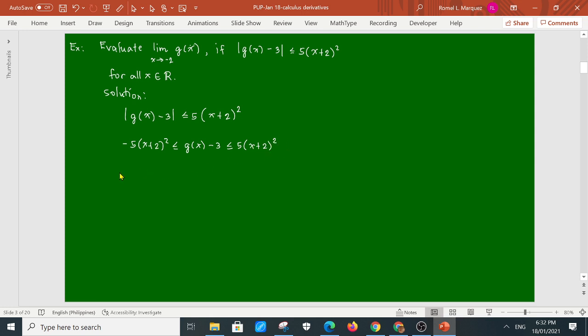So again, let's take the limit of the left side as x approaches negative 2 of negative 5 times x plus 2 quantity squared. What's the limit? Negative 5 times, see, this is going to be 0. What about the limit of the right side as x approaches negative 2?